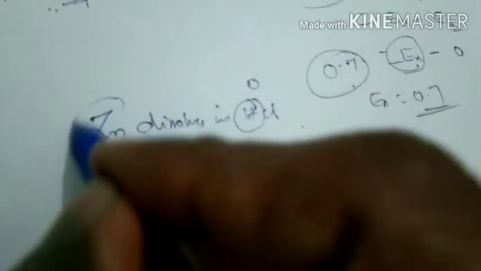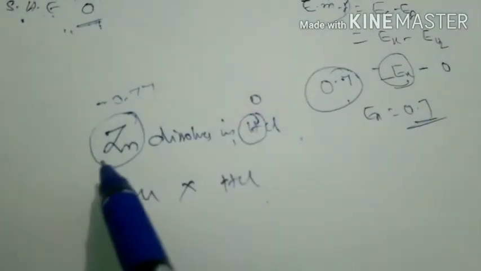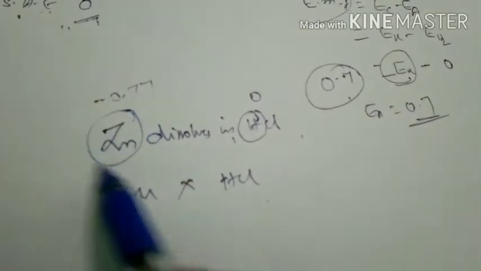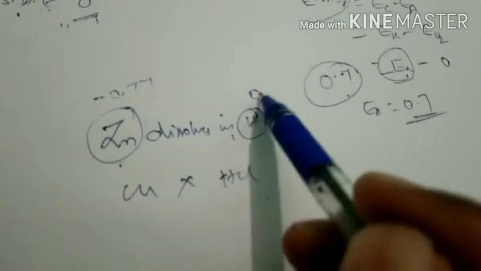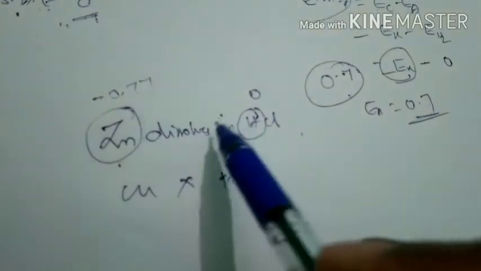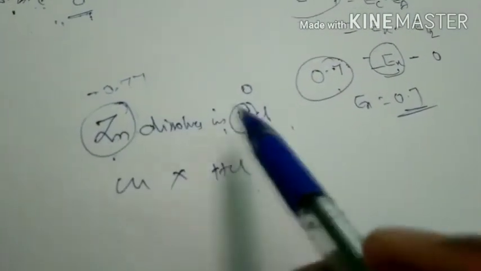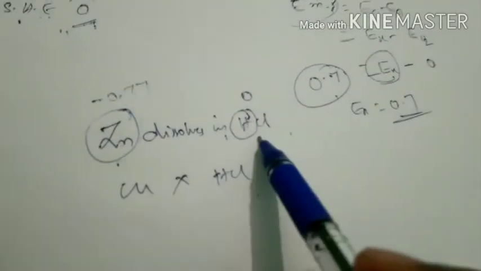But here the SRP value of zinc is how much? Minus 0.77. What I just discussed 10 minutes before about this one: the substance with lower SRP can displace the one with higher SRP. Here minus 0.77 is less compared to hydrogen, so this zinc can displace hydrogen. That means it can react with this one.